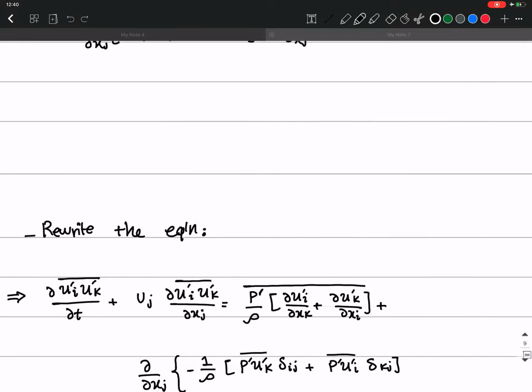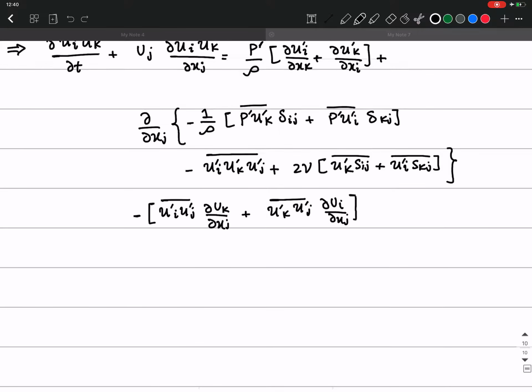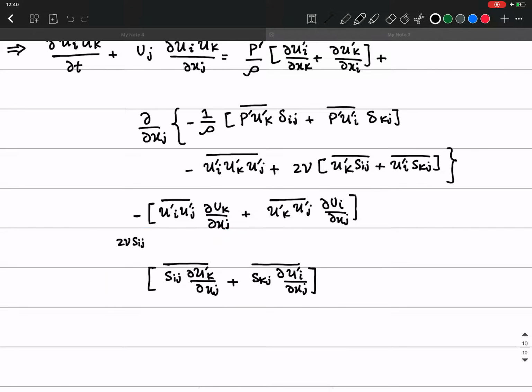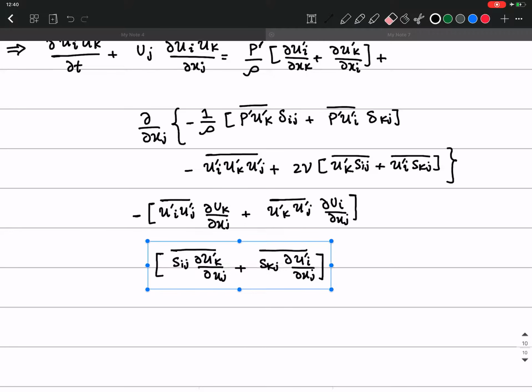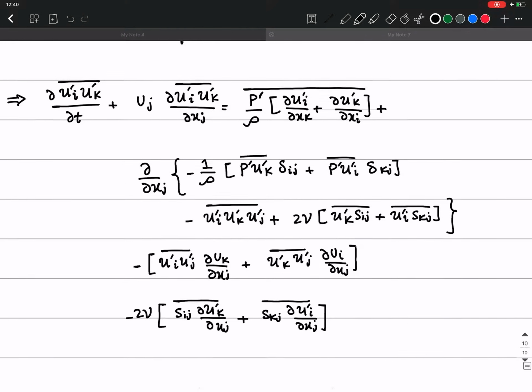So I add a minus sign, minus 2 nu of this. Let me just double check. We have minus 2 nu of Sij partial u prime k. Yes, and yes. So this is correct now.